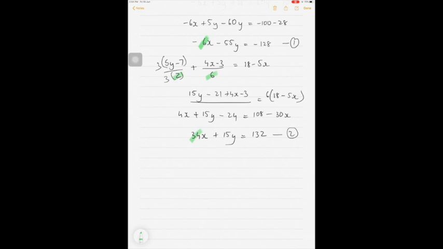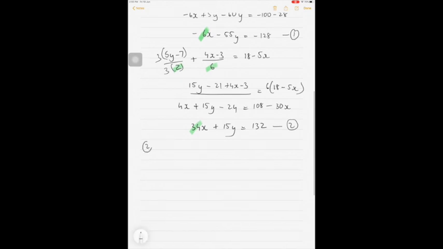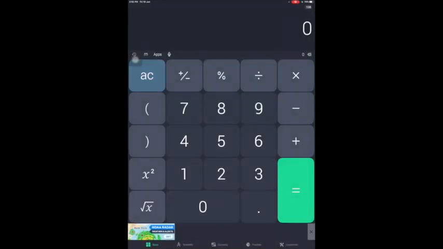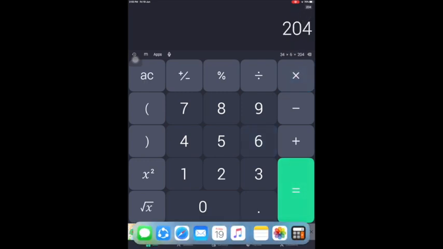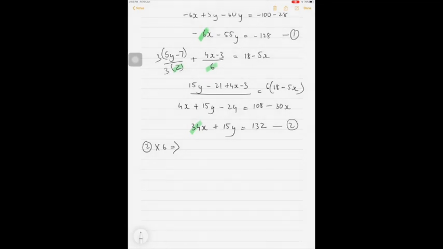So I'll multiply 6 to equation 2 and I'll multiply 34 to equation 1. Equation 2 multiplied by 6 will give me 34 into 6. How much is 34 into 6? 34 into 6 is equal to 204.